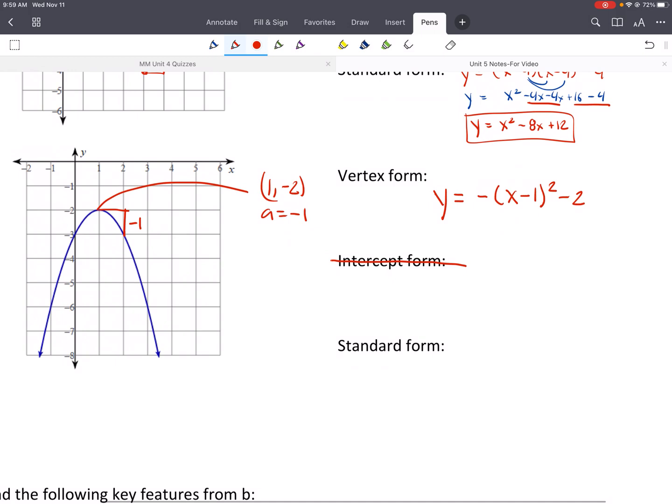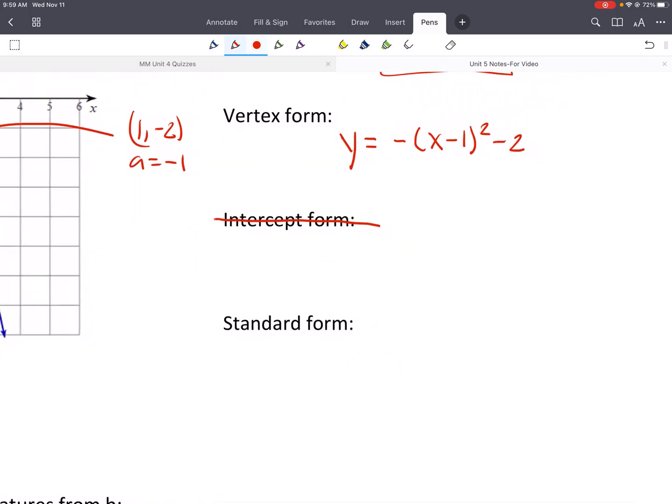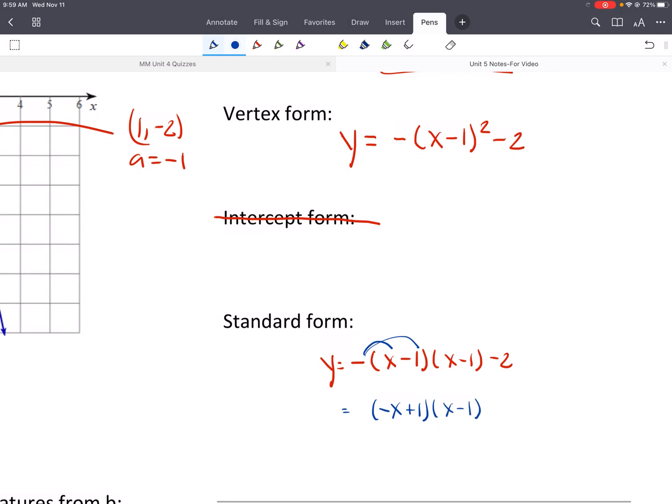And then your standard form you'd need to distribute, so we'd do y is equal to negative, would write our 2 parentheses. Okay, would maybe distribute, would get negative x plus 1. And again, we only distribute what's next to it, so don't try and distribute to the next parenthesis as well.